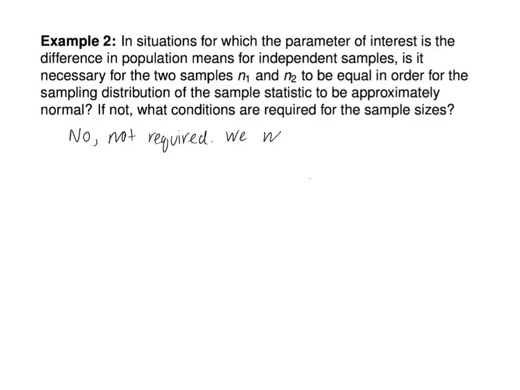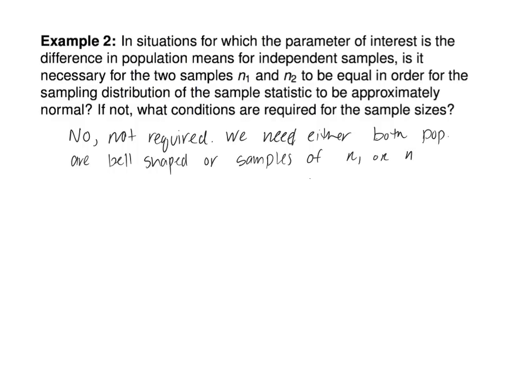We need either both populations to be bell-shaped, or samples of n1 or n2 bigger than or equal to 30.